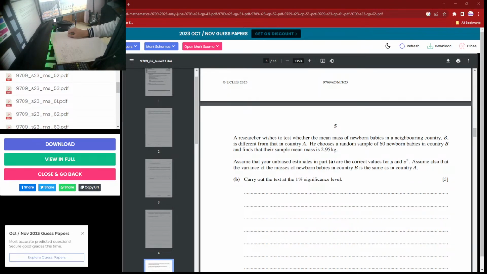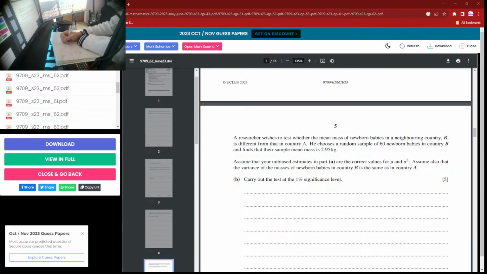Sample of 60 and finds that the sample mean mass is 2.95. Okay, 2.95 mean. So let's say more than, because it's different, right? Just because it's different, we can either do more than or less than as long as it's different.